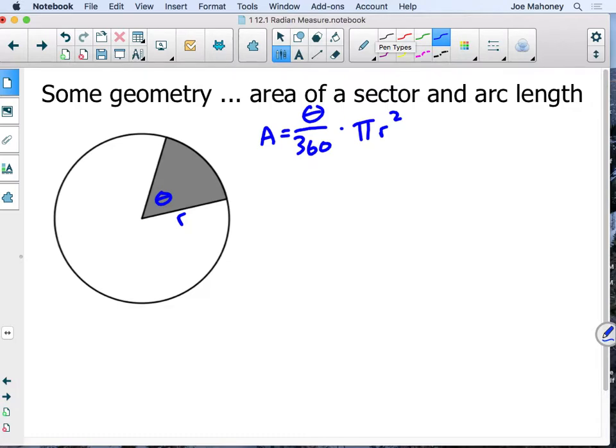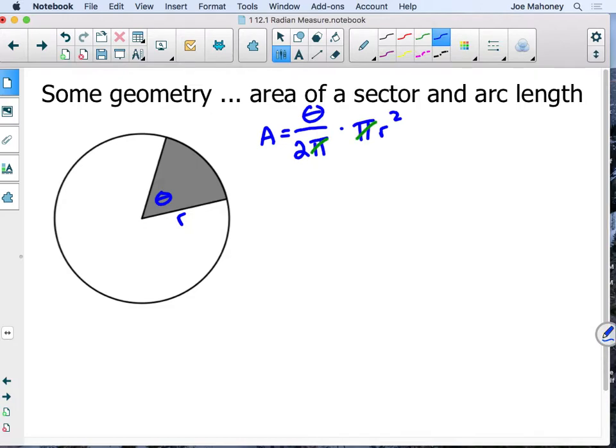But remember that this is in degree form. And in a circle, there are 2 pi radians. So what I'm going to do is change my 360 degrees to the number of radians. And watch what happens. This is really pretty stuff. You can probably cancel a few things out. You might notice that the pi's cancel out.